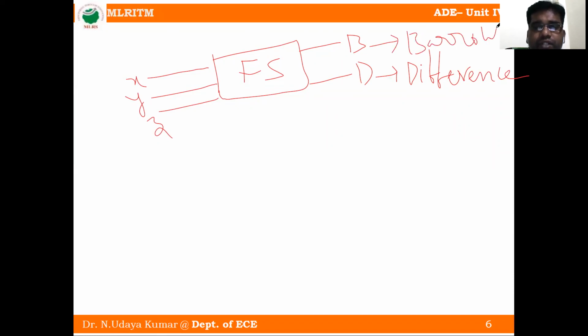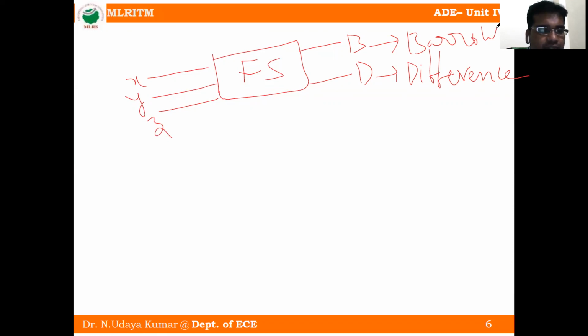This is called difference, and this is called borrow. This is called a full subtractor. What is the main difference between a half subtractor and a full subtractor? In a half subtractor we use only 2 bits, bit by bit, whereas in a full subtractor we use 3 bits or more than 3 bits.